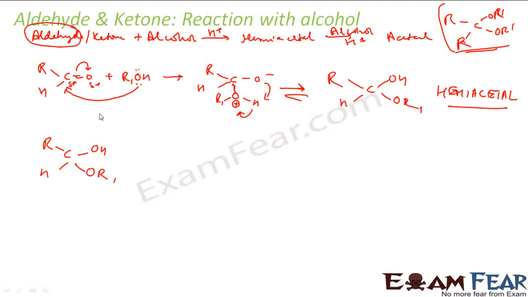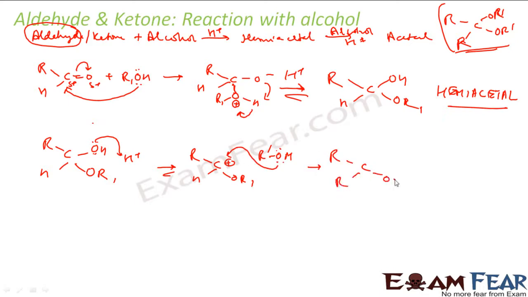So let's see the mechanism here. What happens is first H plus comes. You have this acidic medium, as I told, right? So O will have lone pair of electrons and will attract this H plus. This will become H2O, and the water will come out with a positive charge on this carbon, right? Now on this, ROH will attack. So this will form this compound.